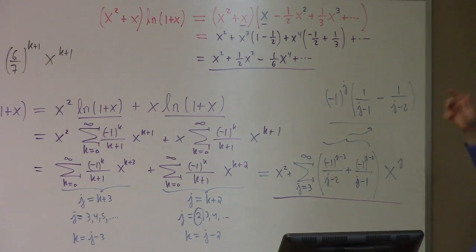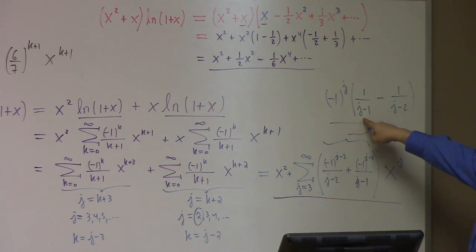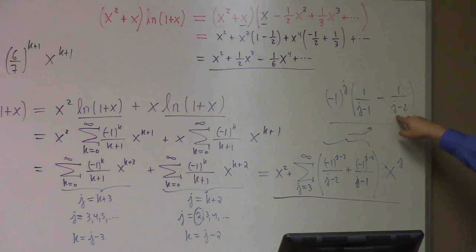Yes. So this is the power series, the Maclaurin series for x squared plus x times natural log of 1 plus x to 4th order. And we can check our answer, right? We can check against this. X squareds match, right? What happens when you plug in j equals 3? J equals 3 gives me minus 1, right, times a half minus 1, which is minus a half times minus 1, which is a half.